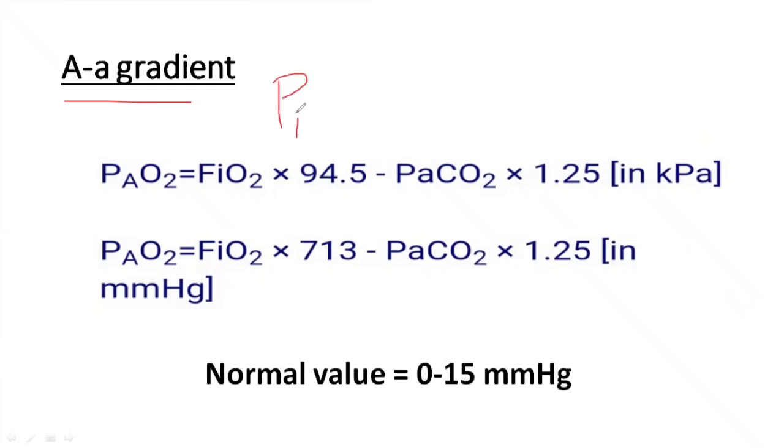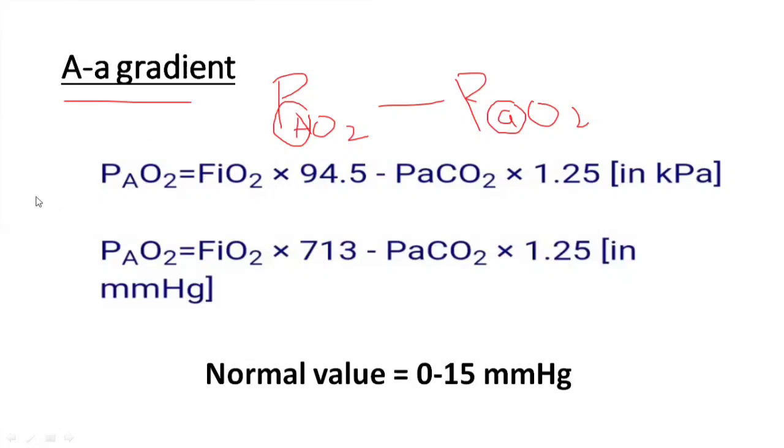This is the AA gradient, also written like this. The small a is for artery, and the capital A is for the alveolar component of partial pressure of oxygen. Okay, so that will be in the alveoli and that will be in the arteries.